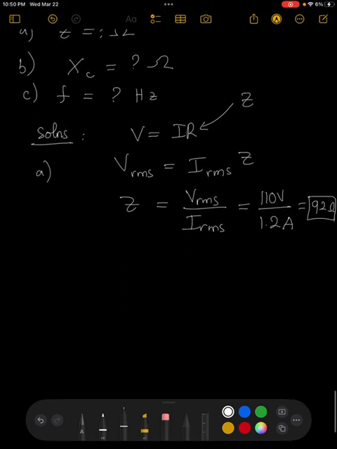Part B: what is going to be your capacitive reactance? Capacitive reactance is the impedance coming from the capacitor itself.